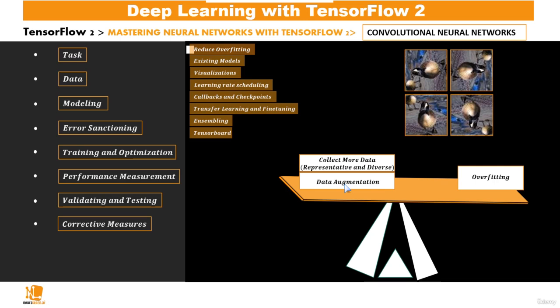The next and very logical thing to do when trying to reduce overfitting is collecting more data. It's advisable to collect data which is representative of the test set, or where exactly we are going to apply our model. And also it's advisable to collect data which is diverse, that is data from different sources, under different conditions.